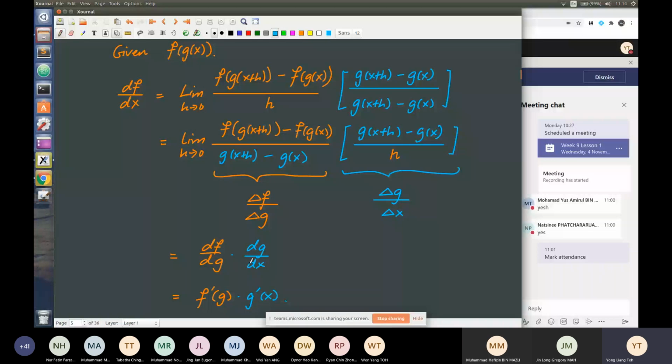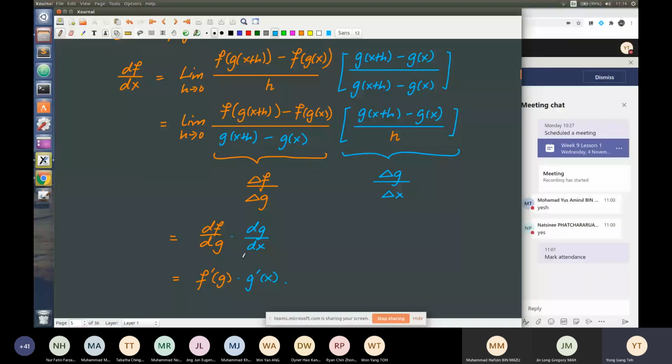Because if you do a so-called inspection here, you can argue that this change in f over change in g, they are finite changes, and these are also finite changes. Then clearly, this change in g can be struck out or divided away from this change in g. So isn't this change in f over change in x?